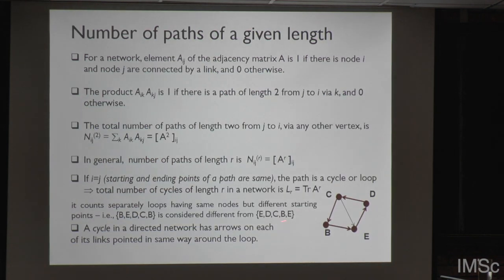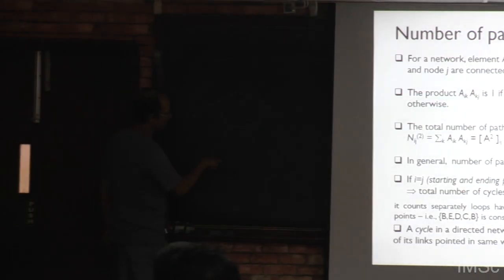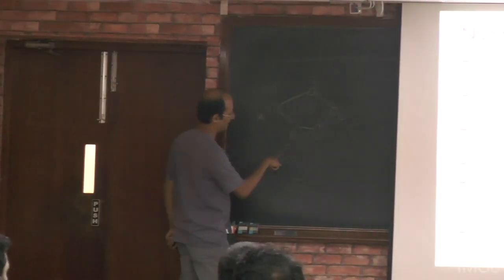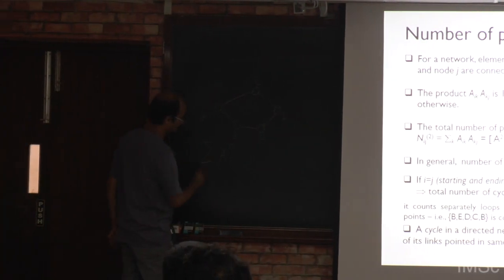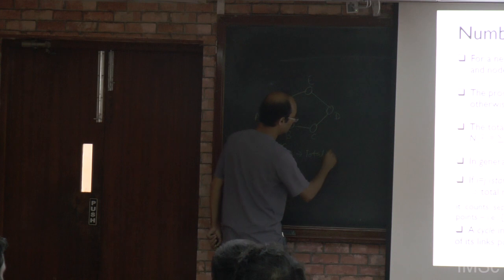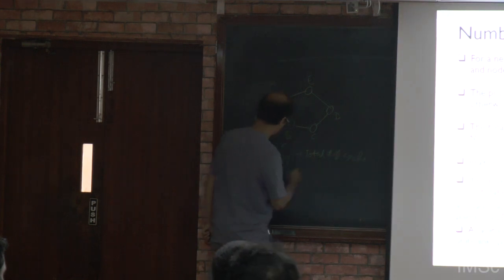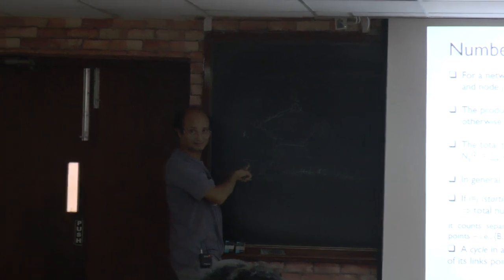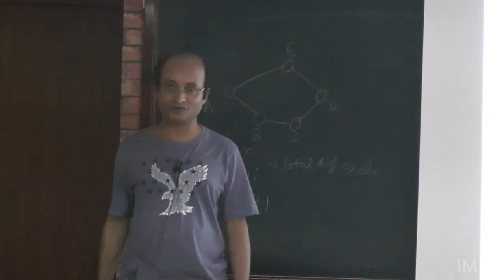I mentioned that the total number of cycles of length r in a network is simply the trace of the matrix A raised to r, and that's because the number of cycles which include i and of length r is A_ii^r, and so you simply sum over i in order to get the total number of cycles. But what is this quantity? This is nothing but the trace, right? The definition of trace is you sum over all the diagonal elements.